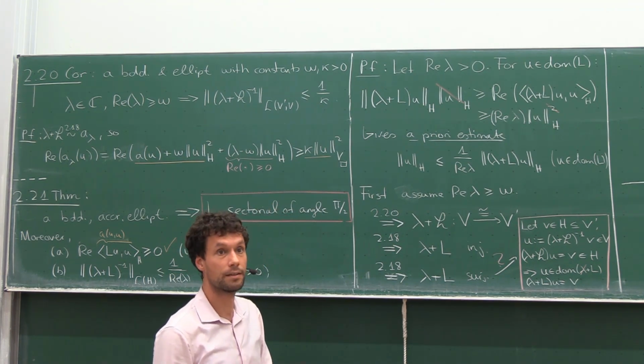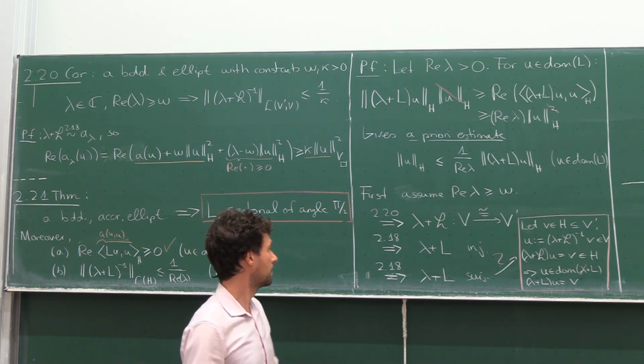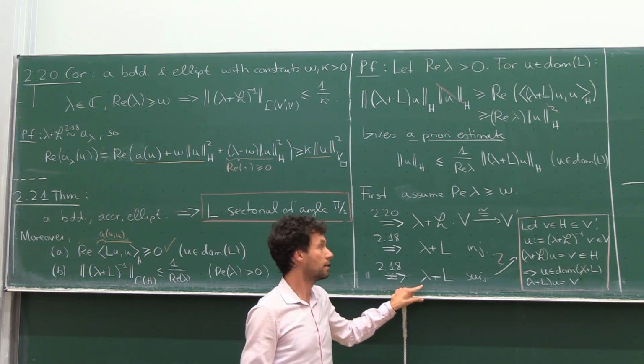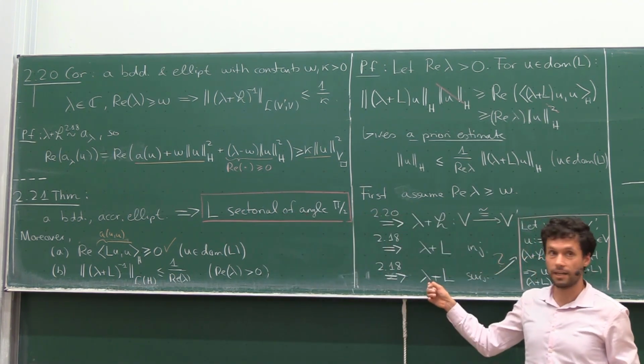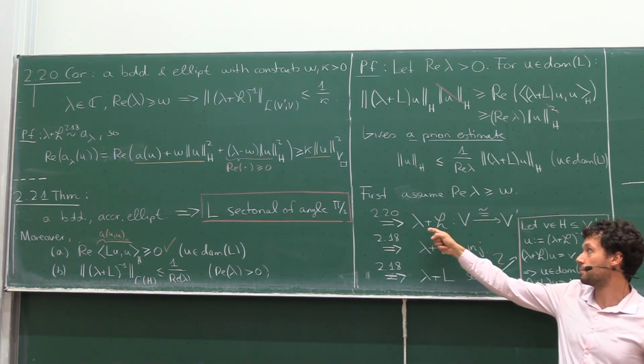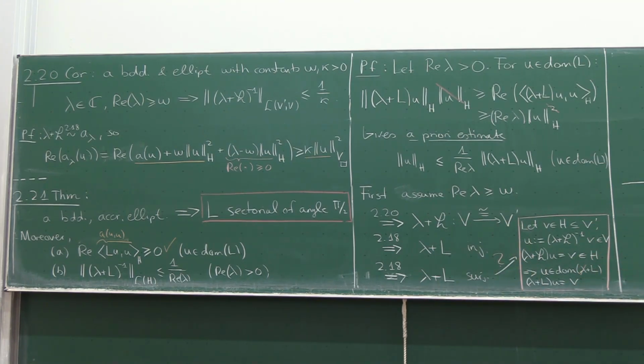The issue is that you have to check. So the suggestion is we know that H is a subset of V prime, so we should know that it's surjective.